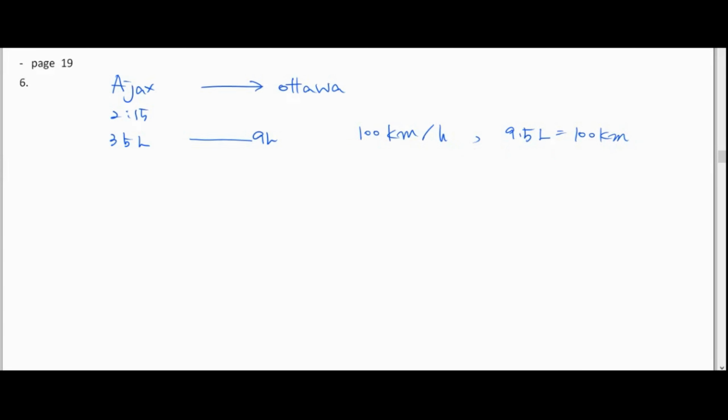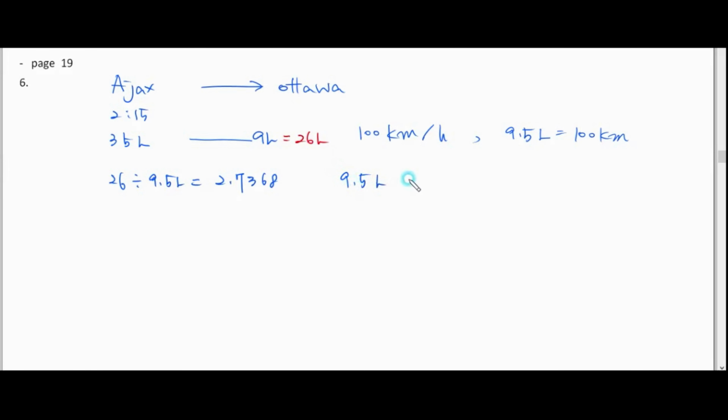And right here, we should find out when the low fuel light will come on. So 35 minus 9 is 26. So that will be 26 liters of gas. And 26 divided by 9.5 equals 2.7368. And this 2.7368 means the time that it takes for her to use those 26 liters.